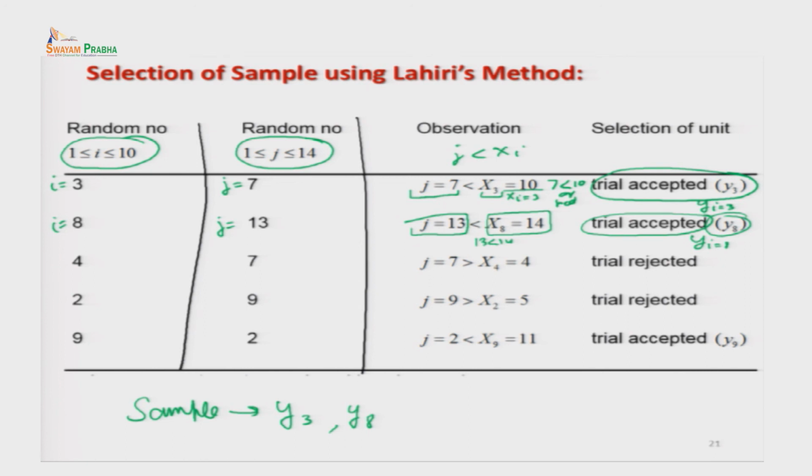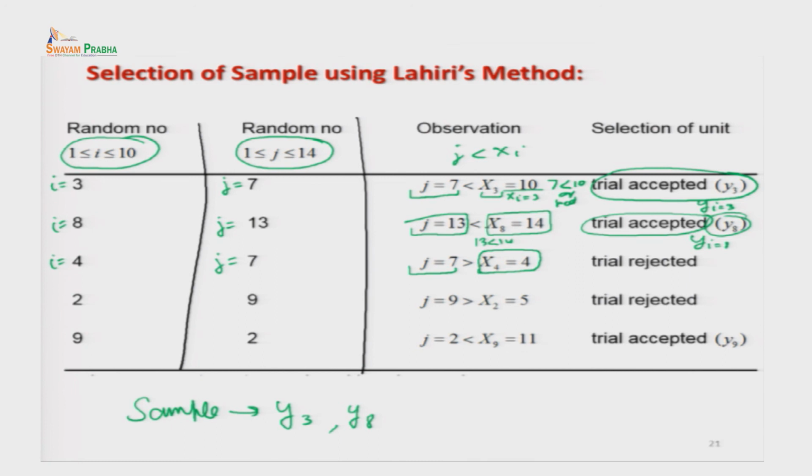Now I try to draw one more pair of numbers, and it comes out to be i equal to 4 and j equal to 7. So you can see now j equal to 7 and xi, x4, has the value 4. So now you have to see what is happening here. Is j less than or equal to xi satisfied?